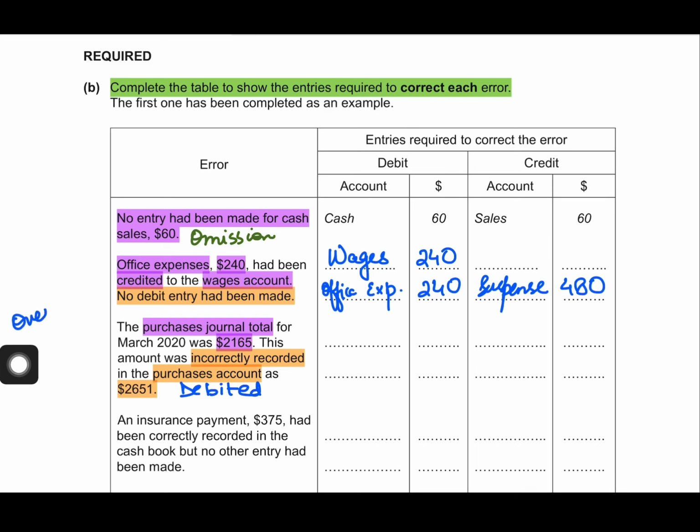Right now it is overstated by the difference, 486. More has been recorded on the debit side. So now to correct this error, I will be crediting purchases by 486, and again, since the problem is just in one account, I will be debiting suspense account to complete the double entry by 486, right?